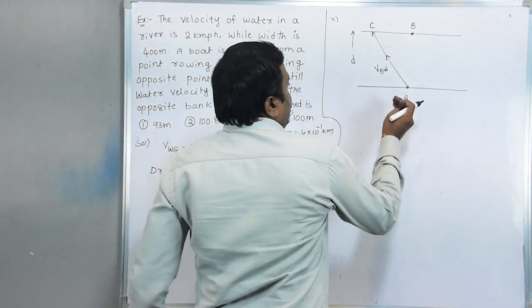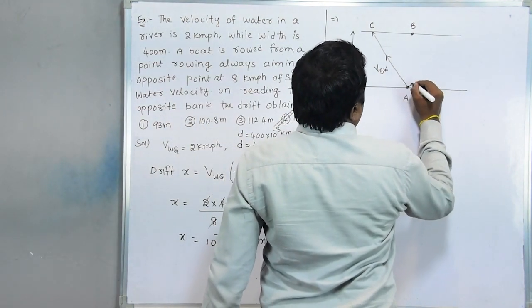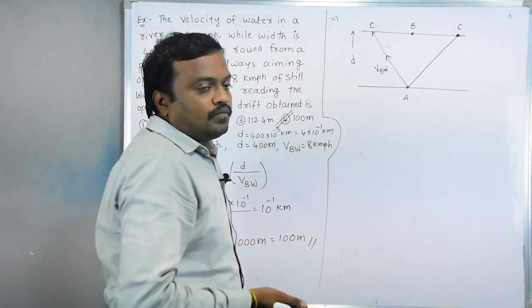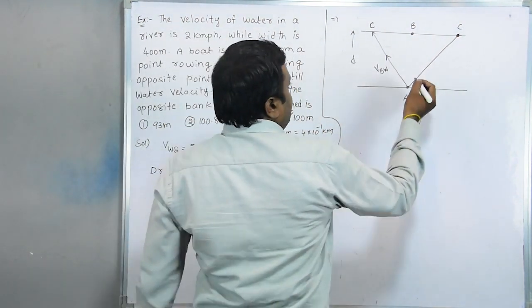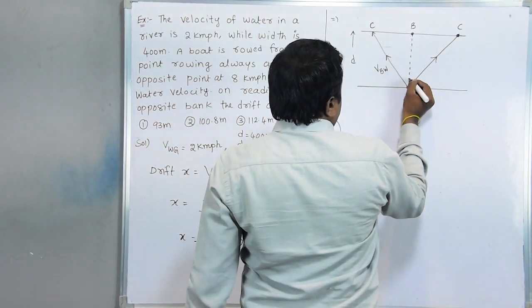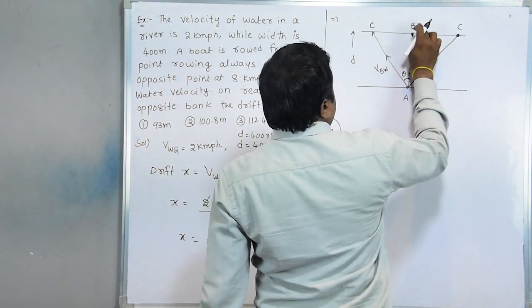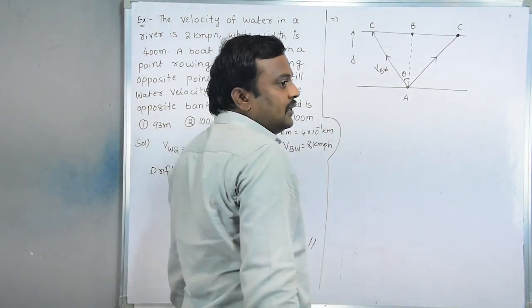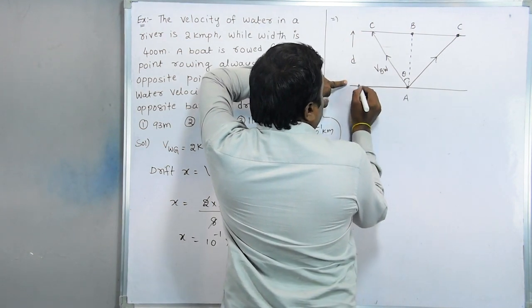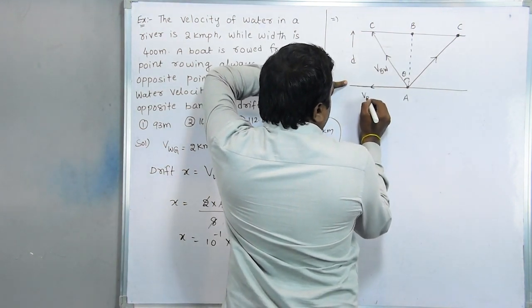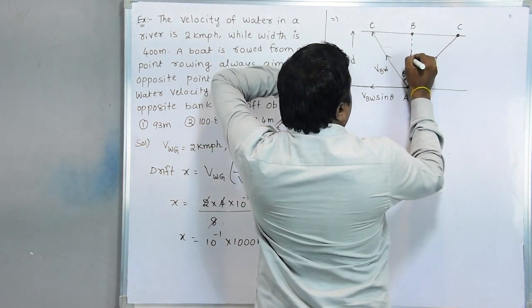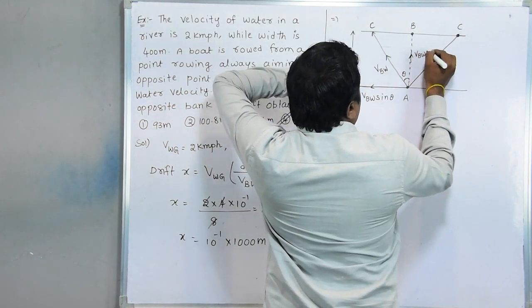Now the boat is started like this, and suppose it reaches another point C like this. If it is making an angle theta, it does not reach exactly the opposite bank, some other distance. So resolving that into two components, it will be VBW sin theta here, and this will be VBW cos theta.